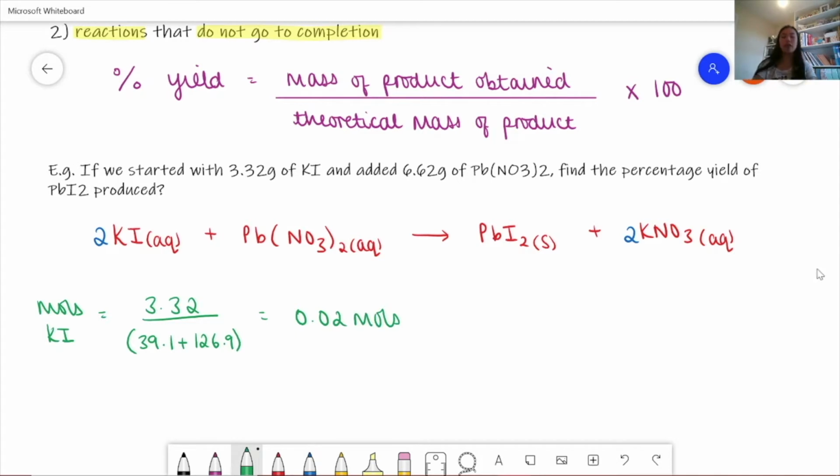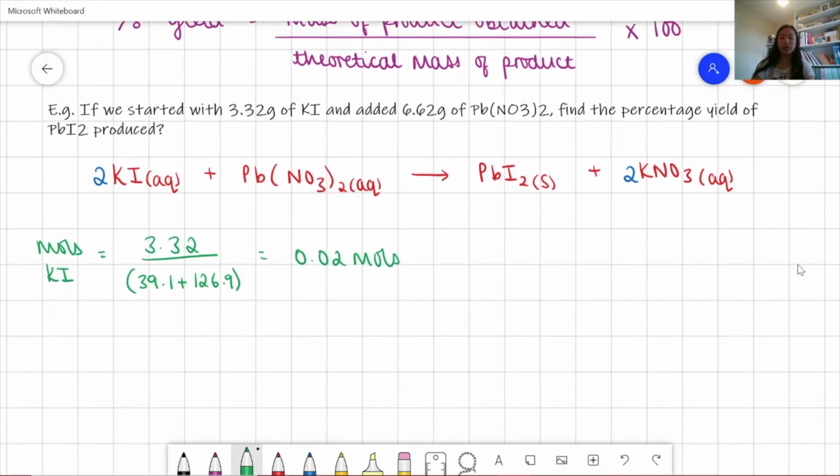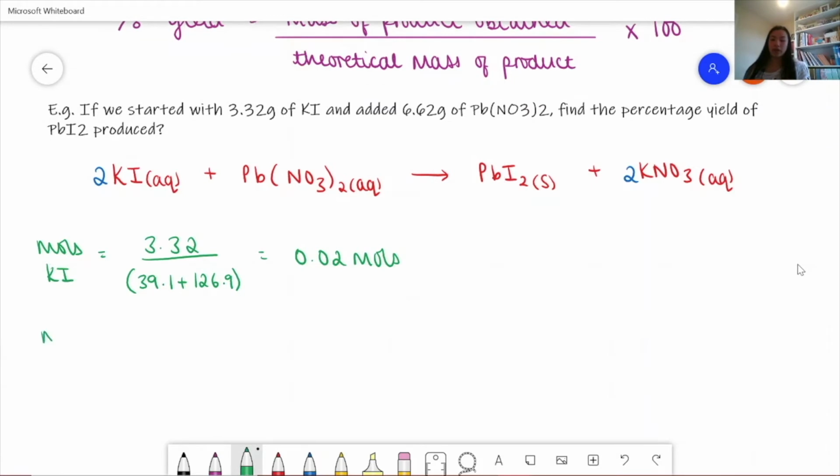And then we work out the moles of lead nitrate that we have. So we have that the moles of lead nitrate is equal to, again, the mass over the MR. So we have that the mass is 6.62. And then we divide it by the sum of all the ARs.